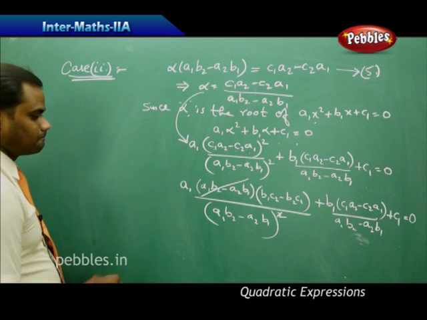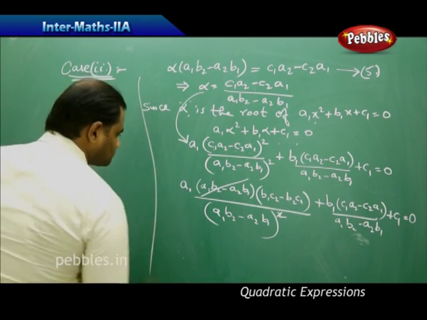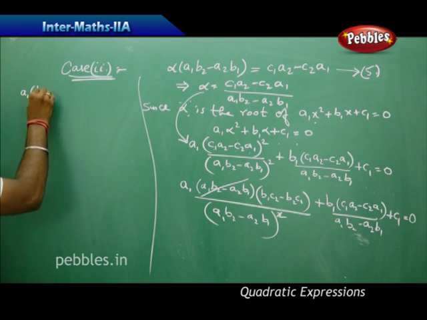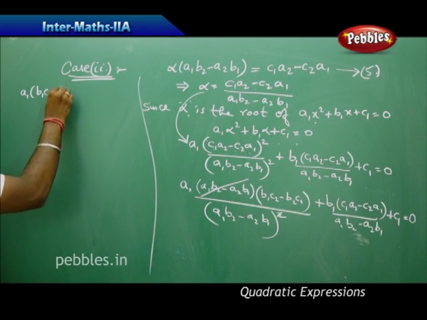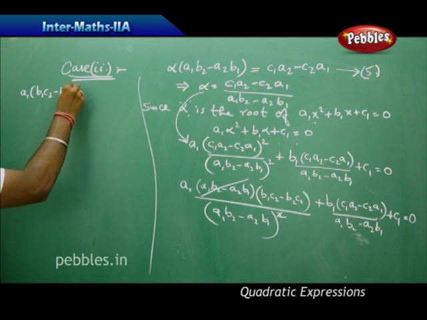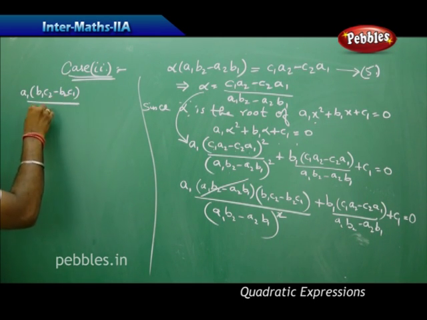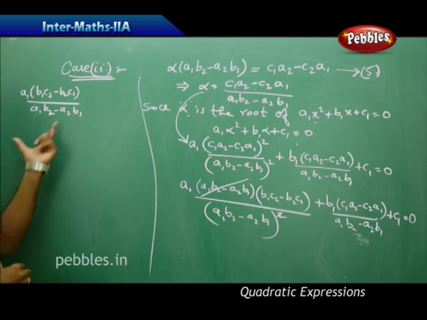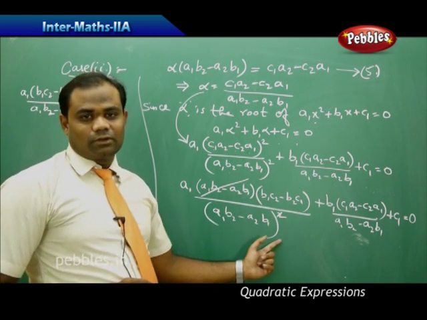So proceeding, I get this to be a1 times (b1c2 minus b2c1) by (a1b2 minus a2b1), which is the simplified form of this after cancelling one of the common factors.